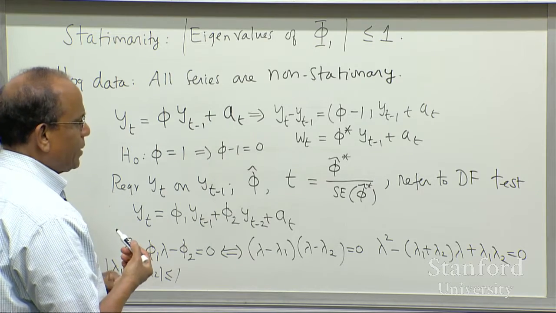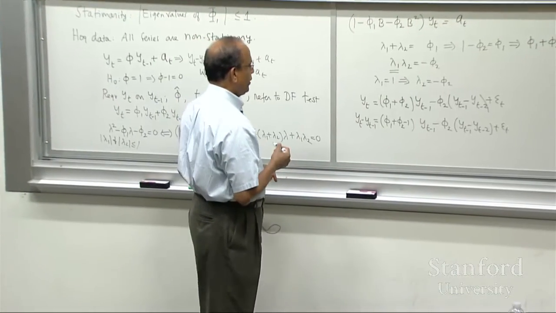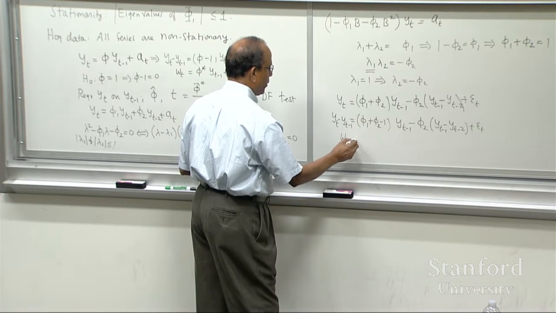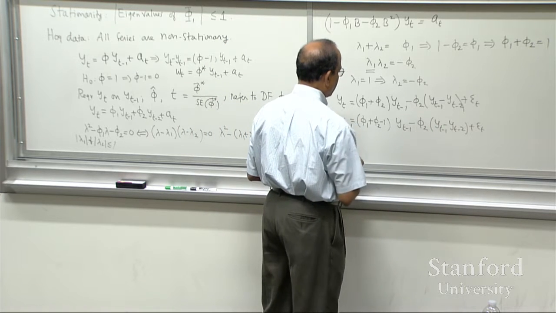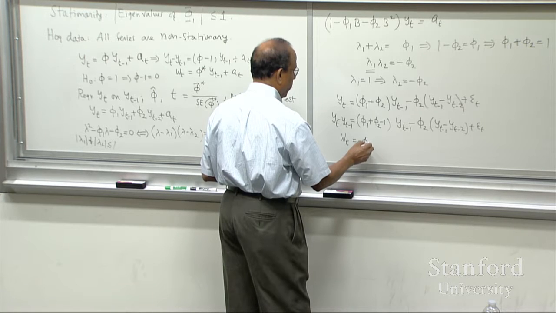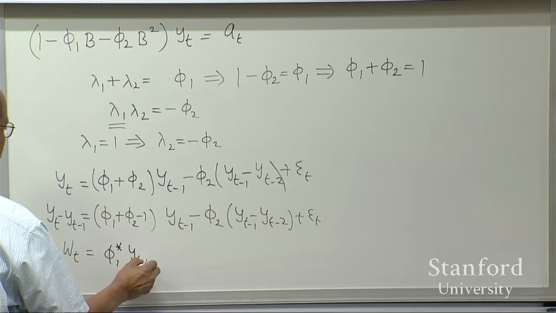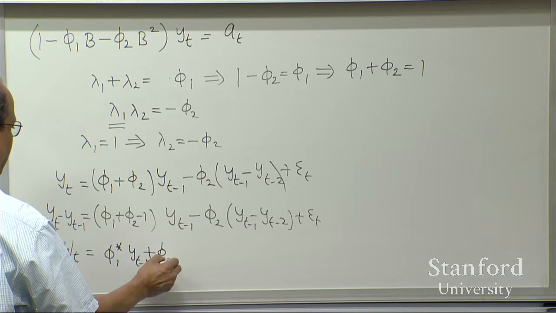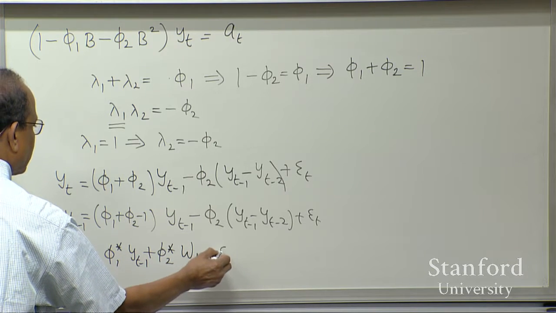So the reason I am going through this is that there is a pattern that you will see. If I call this Wt, and yt minus 1, you can see that this quantity is Wt minus 1. So this is like pi 1 star yt minus 1 plus, I'm going to call it pi 2 star Wt minus 1 plus epsilon t.